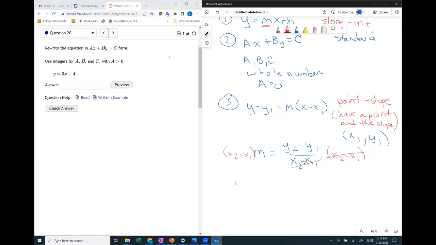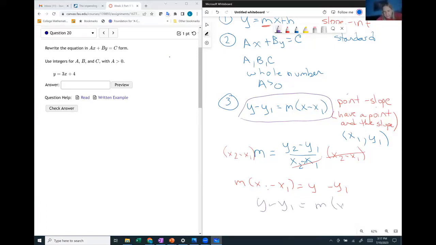So what am I left with? I'm just going to rearrange this to m times x2 minus x1 equals y2 minus y1. But I only know one point, so the other one I have to find. So let's just erase that and erase that, and we end up with our point slope form. I just reversed the order, but you can turn it around. This is the same as y minus y1 equals m times x minus x1.